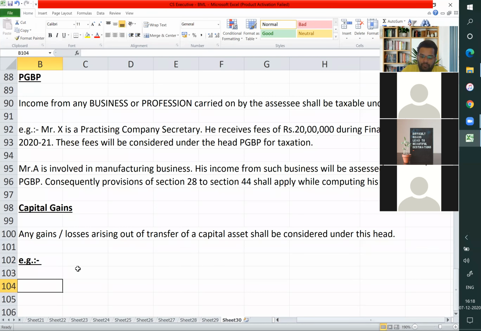So see, Mr. B sold 100 grams of gold for rupees 2 lakhs.